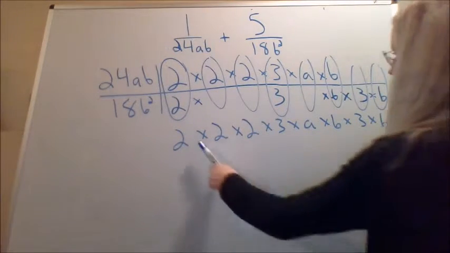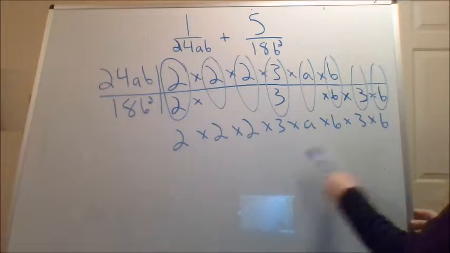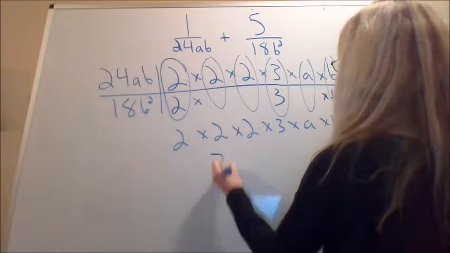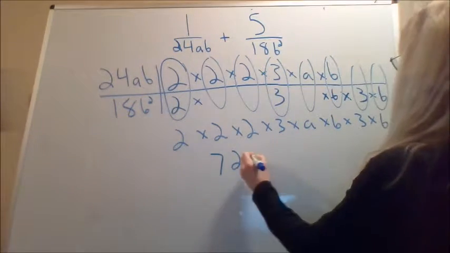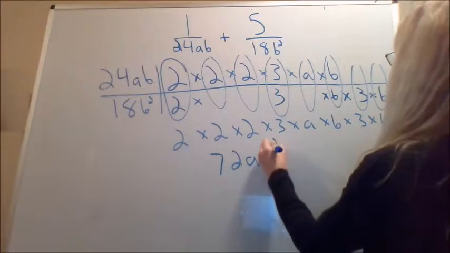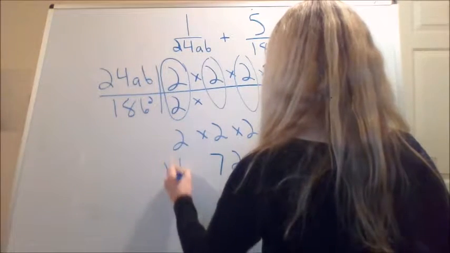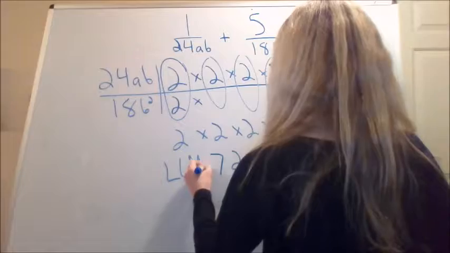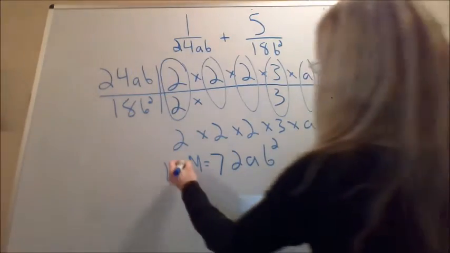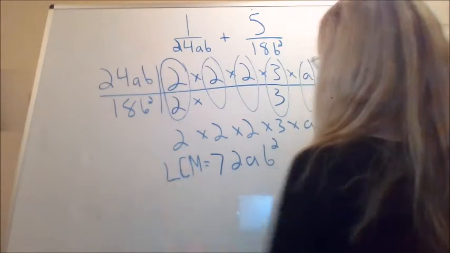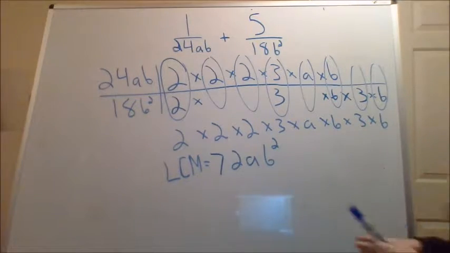And so this will give us, let's see, 8, 24, 72. 72ab squared. And that will be our least common multiple. And so now how do we use this?